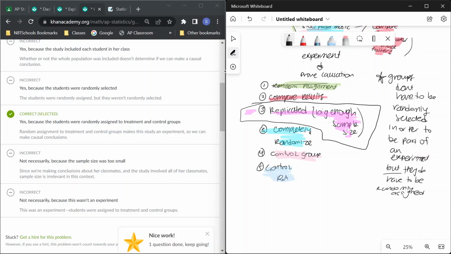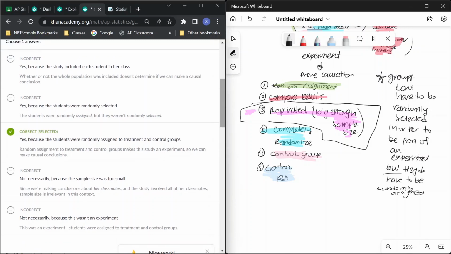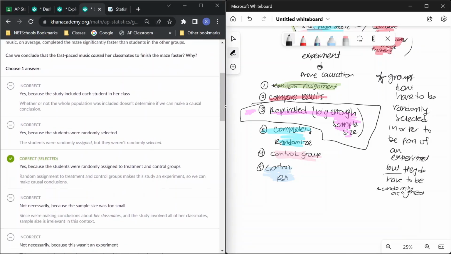randomly assigned. But because they weren't randomly selected, that may tell us that we can't generalize our conclusions to the entire population, which in this context makes sense, because it says that since we are only generalizing our conclusions to that class, to that group of students, the sample size is irrelevant.